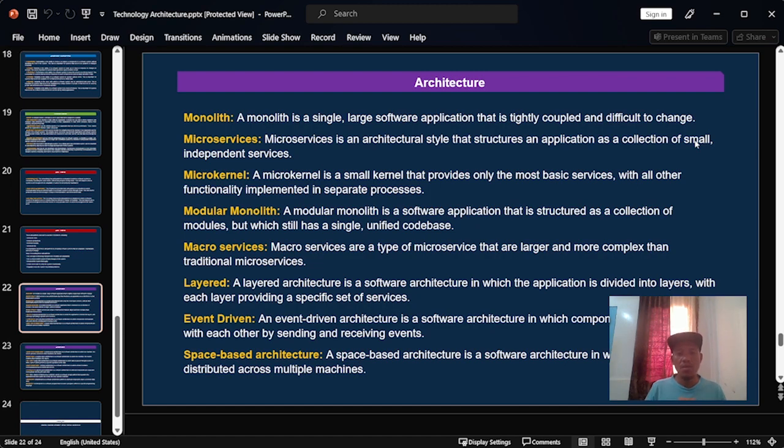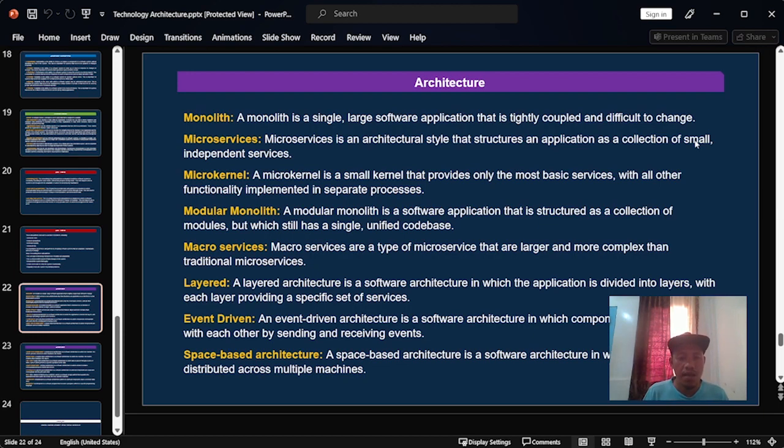So microkernel is a small kernel that provides only the most basic services with all the functionality implemented in a separate process. Modular monolith. Modular monolith is a software application that is structured as a collection of modules but which still has a single unified code base. And macroservices. Macroservices are a type of microservices that are larger and more complex than traditional microservices.